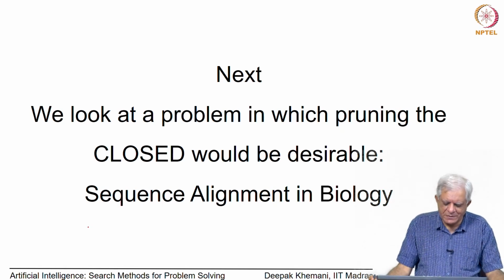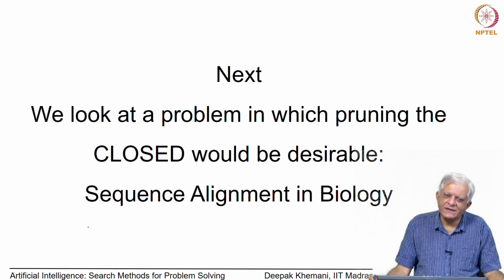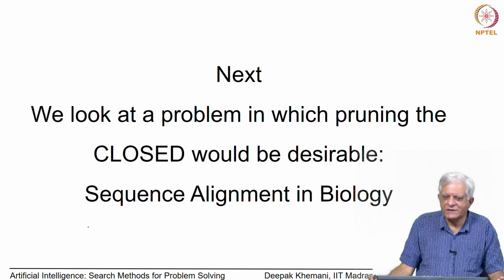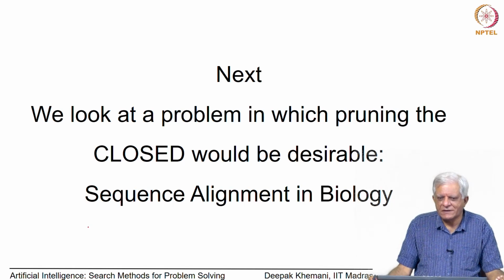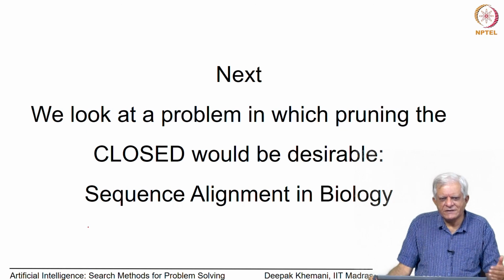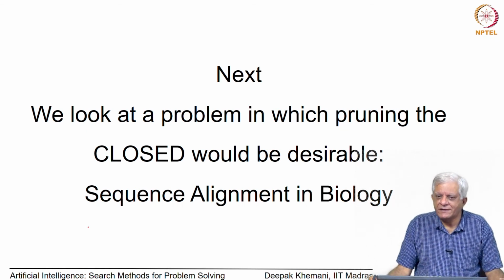We will look at this problem of sequence alignment in biology, and we will see why it is desirable that if we can have an algorithm which does not keep closed, we can solve larger problems. In general, that would be the case, but for sequence alignment problems, it is particularly so. So, we will do that in the next session.